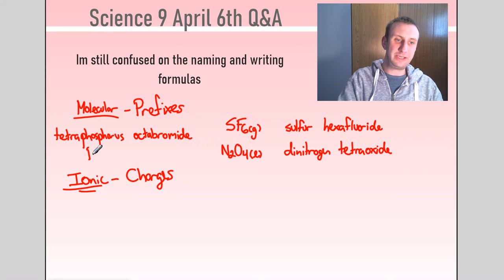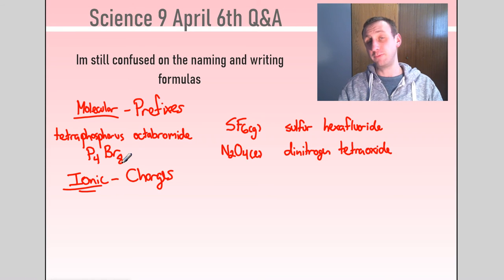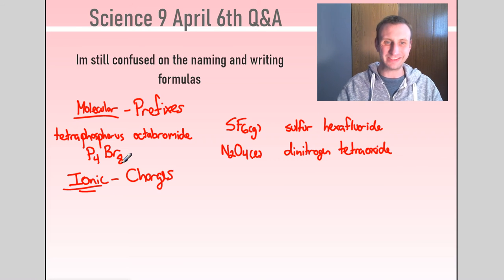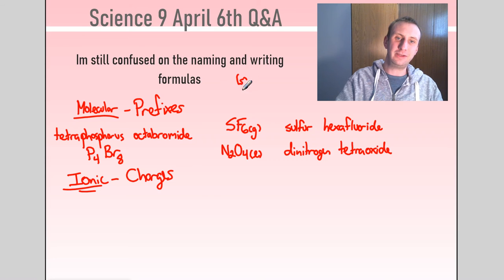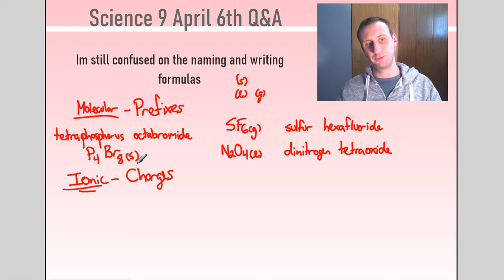So I have P4, right? Because tetra is 4. So P4, and then I have Br8. Now, when you're doing the formula, just important you put a state on it. I don't care if it's correct right now. I just care that you're trying to put states. And you have solid, liquid, or gas. So let's put solid on that sucker. Why not, right? Good, good.